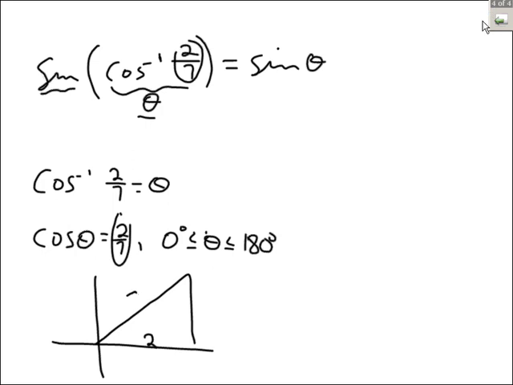Adjacent over hypotenuse. Now we want the sine, and here's theta. We want the sine of theta. That is, we want the opposite over hypotenuse. Well, we don't have the opposite. We have to figure out what it is.